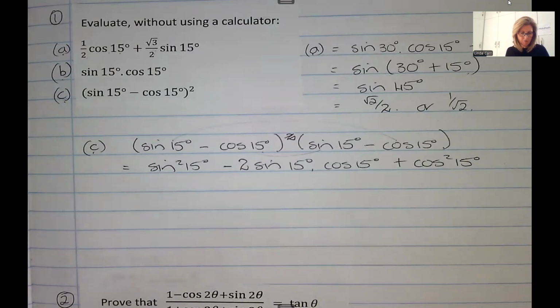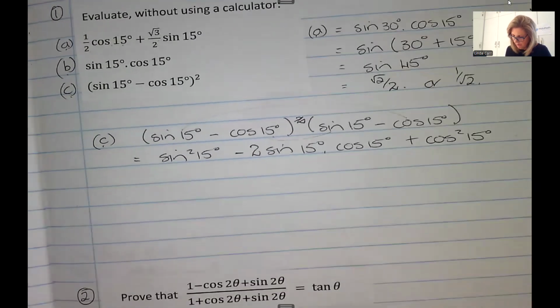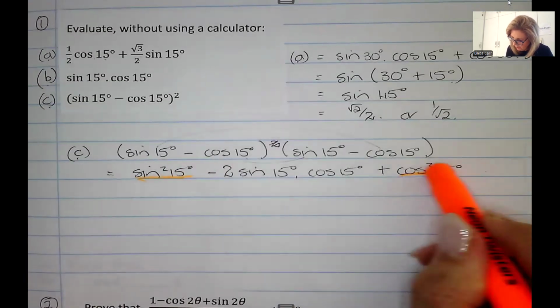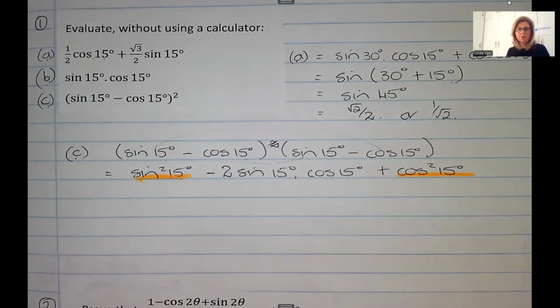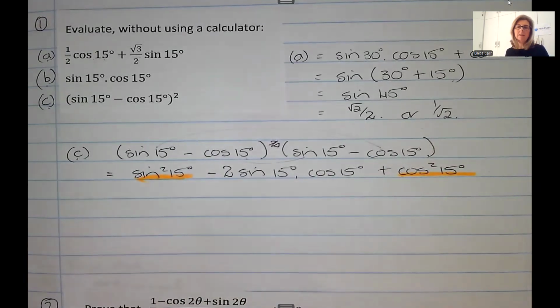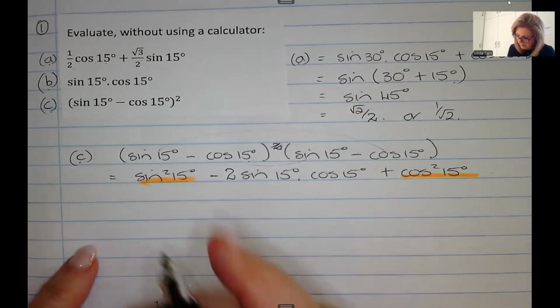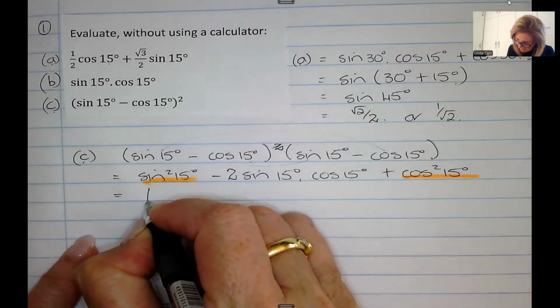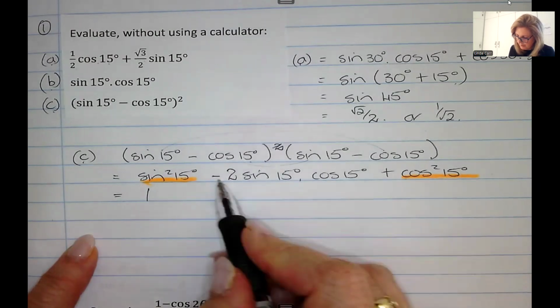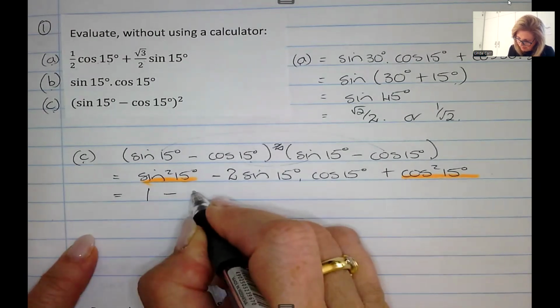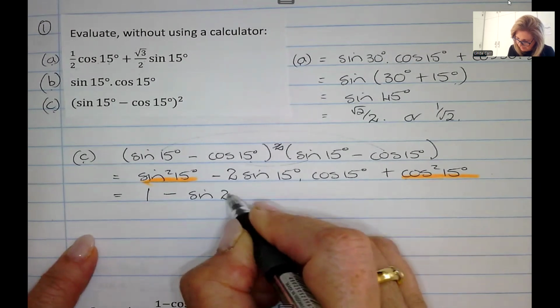And that makes me really happy because these two, if I were to put them together, do you remember in grade 11, sine squared plus cos squared is 1. And so that gives me 1. And then this is my sine double angle.